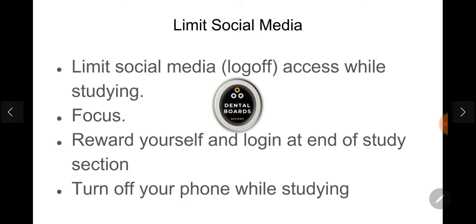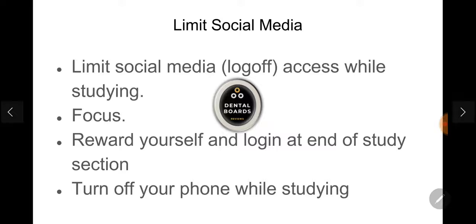Okay. The other thing that I always say is limit social media. Social media is now part of our life. Okay. We have people who are meeting dates online now. You have people who are learning, purely learning, everything online, just social media everywhere, right? But for you to focus on this exam, you have to limit social media.